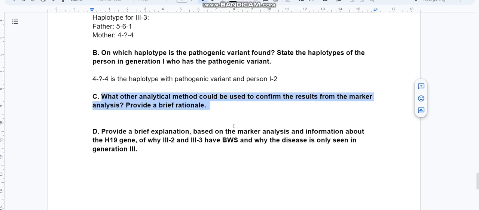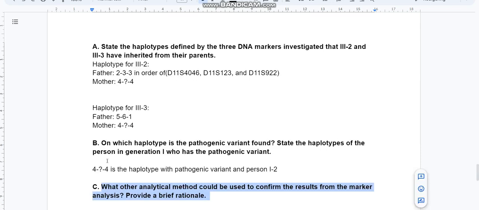Okay, now they ask you what other analytical method could be used to confirm the results from marker analysis. Provide a brief explanation. And here we can utilize FISH to confirm the results, right? Remember that this technique you can use to visualize and deduce specific DNA sequences on the chromosome. And actually this indicates a deletion, right?